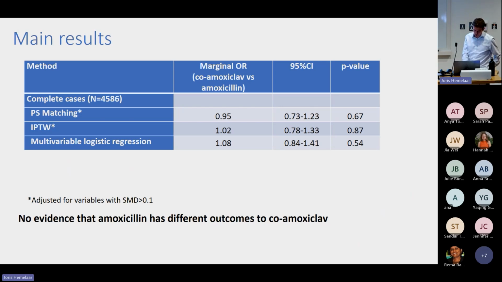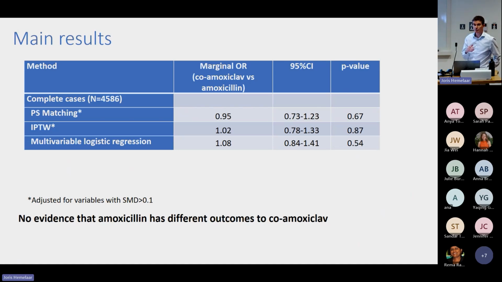A more traditional multivariable logistic regression also gives a similar answer, with no real evidence for a difference. Of course, the observant viewer will notice that we can't exclude meaningful increases or decreases in mortality, because even with the data we've got over a large hospital in a relatively long period of time, we still don't have as much power as we might like.